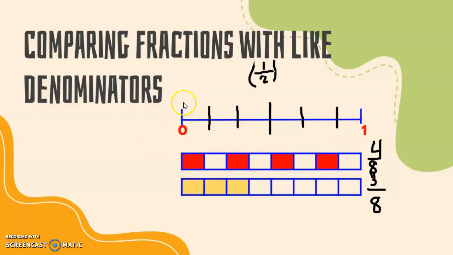So here, if I count, I have 1, 2, 3, 4, 5, 6. So I need to place another marker for my 8s, and I'm trying to make it as even as possible, as equal as possible.